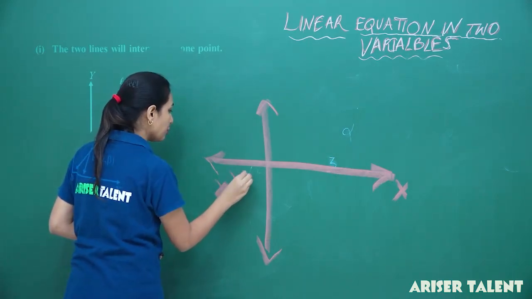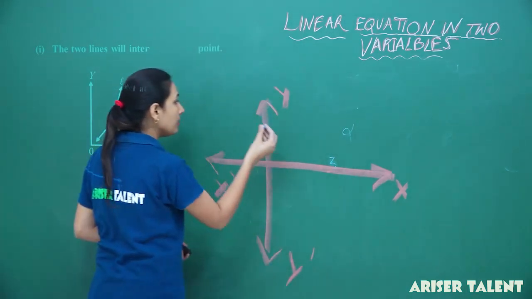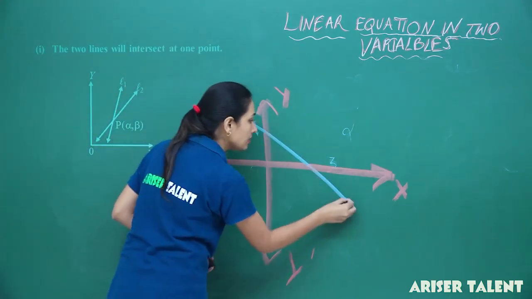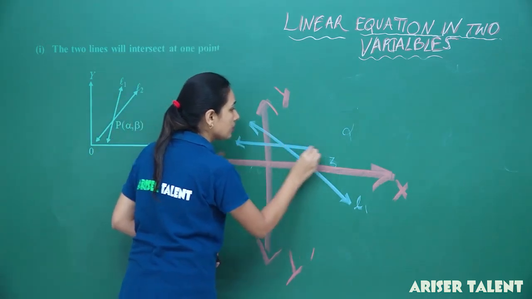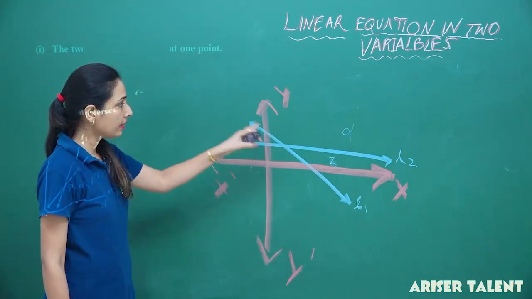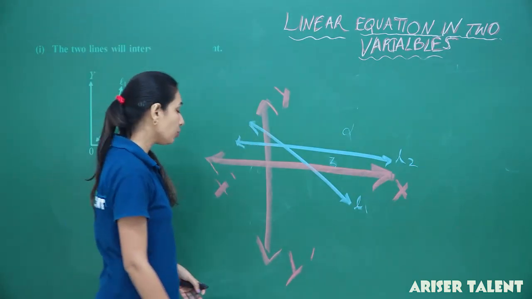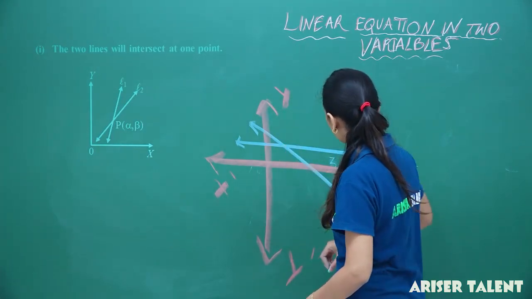X dash, y and y dash. Possibility 1: this is the first line, let's suppose L1, and let's suppose this is the second line L2. First is that they are intersecting each other. In that condition, there is an intersection point.